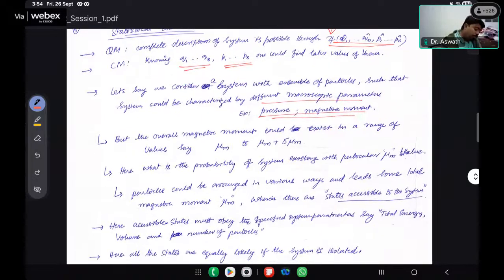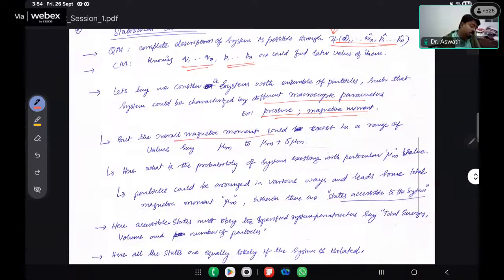Okay, but if I have to specify the magnetic moment, what would the overall value be? The overall magnetic moment of that whole collection of systems would range between some specific magnetic moment value and a small change in the magnetic moment, because I can't give a precise value, right? I always have some error. So there is a range, from mu m to mu m plus some delta m, that we can specify.